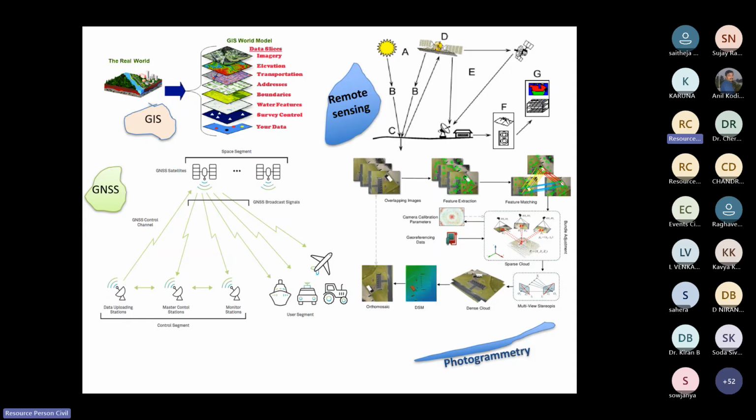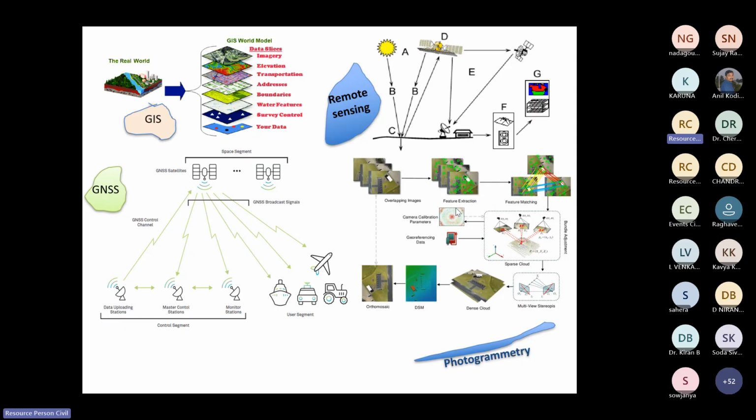Every person knows how to utilize Google Earth. You can directly view what buildings are there and what the height of the building is. You can easily view it, and you can also understand whether you are going to that location or not. So this is photogrammetry.